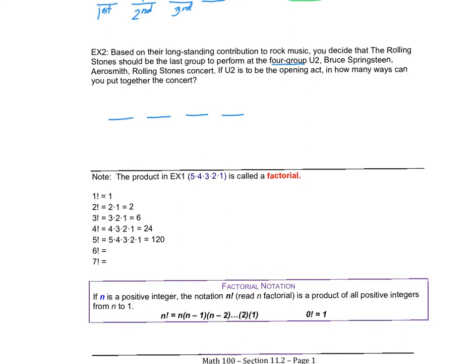However, I have some conditions. The Rolling Stones should be the last group. So when you think about who's going to perform first, second, third, and fourth, which would be last, I only have one choice for who's going to play last because that's the Rolling Stones.